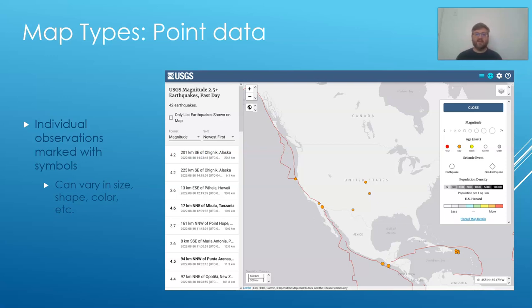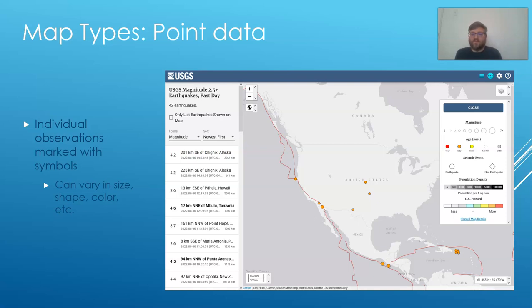So in the case of this USGS website, you can see from the legend, the little key that's there on the right-hand side of the map, that the size of the circle indicates the magnitude of the earthquake. So a bigger circle is a bigger earthquake. On the day that I took this screenshot, there hadn't been any particularly big earthquakes. All those dots are that smallest size. But if we'd had a really big one, it would have been a bigger circle on the map.